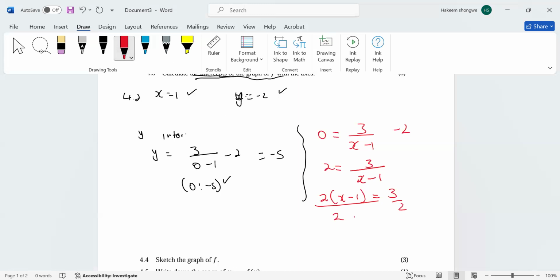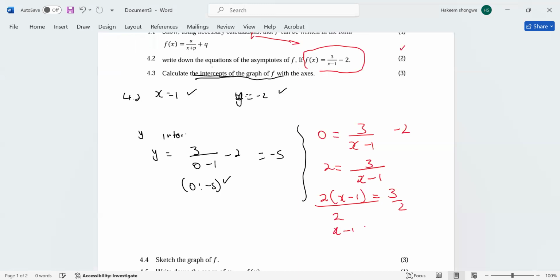We have x minus 1, which is going to be 3 all over 2. And then we take the 1 to the other side. It says x is going to be equal to 3 all over 2 plus 1. Therefore, x is 5 all over 2, or 2.5.